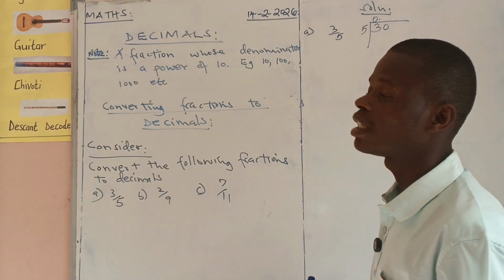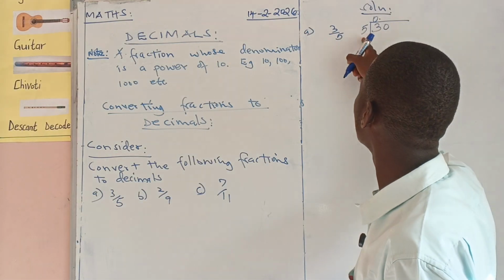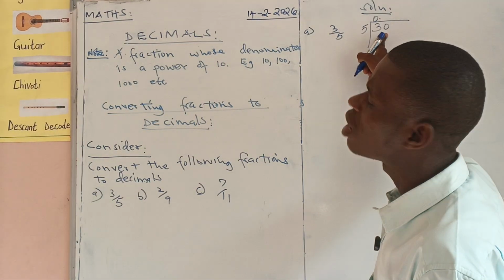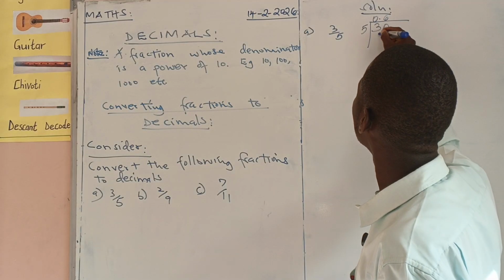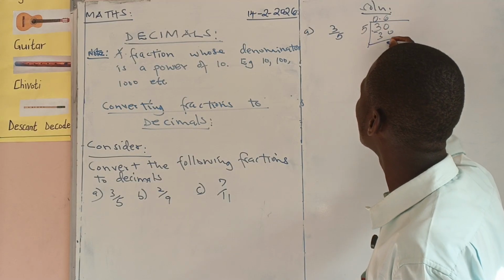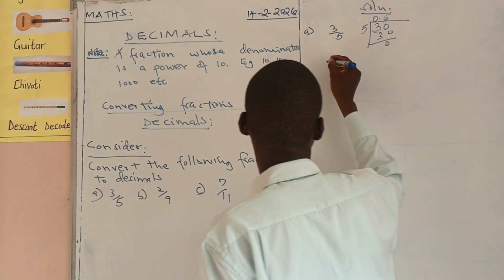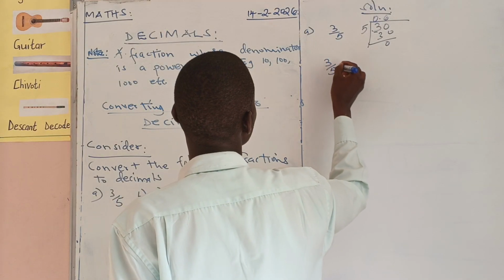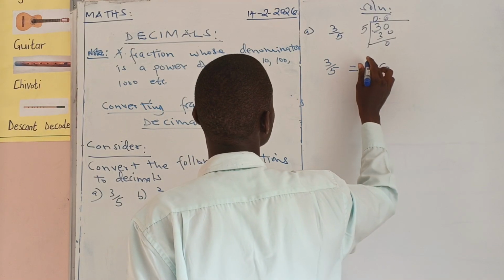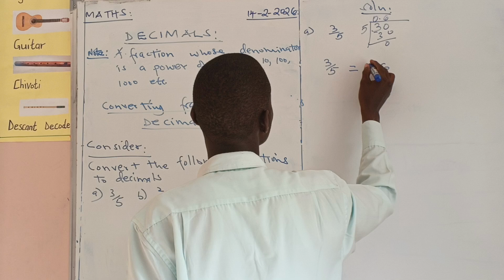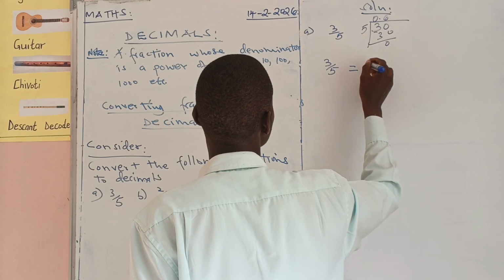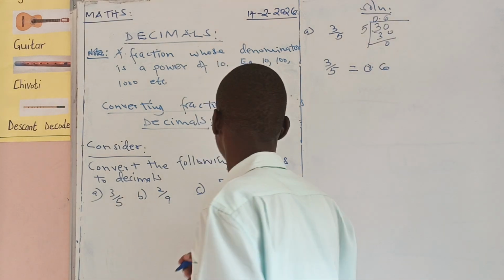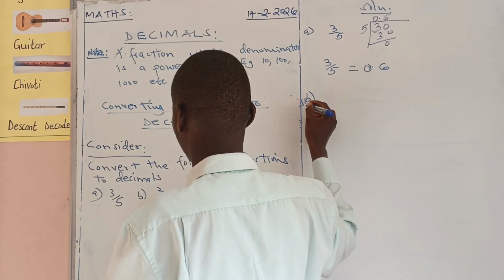Then into 30, so 0 point. We add 0 there. Into 30, 5 divides 30 how many times? 6 times, because of 30, the remainder is 0. So 3 over 5 is the same as 0.6. Easy.